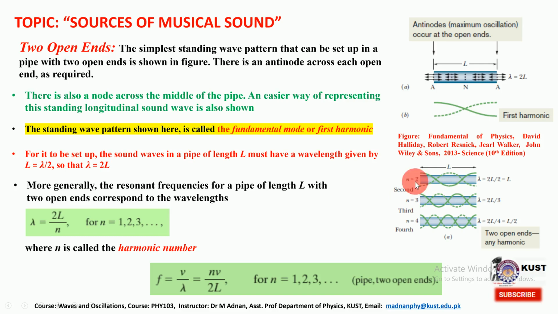The L remains the same, but the lambda for these different sound waves is different, so the frequency will also be different. In that way we can find out the various harmonics of the sound waves inside the organ pipe with two open ends.